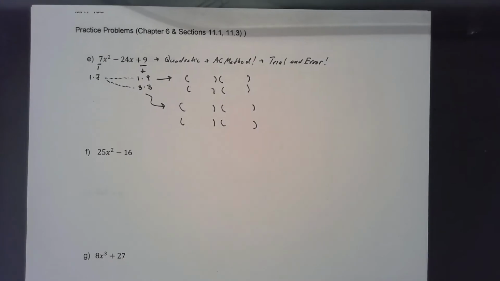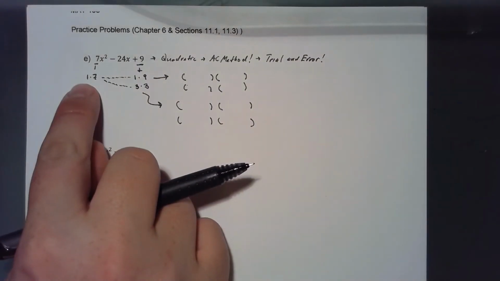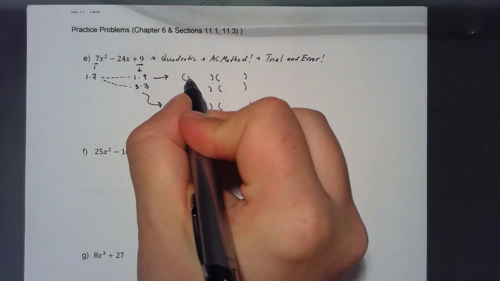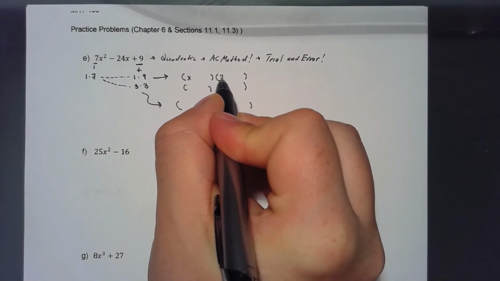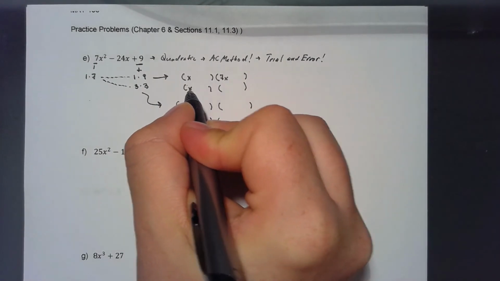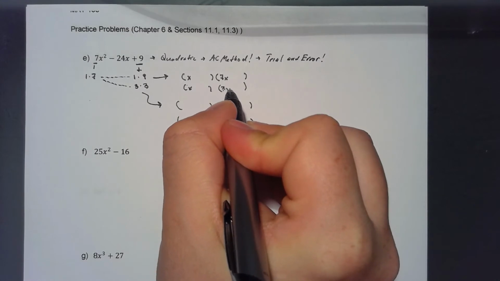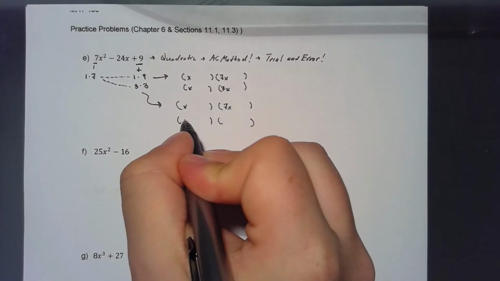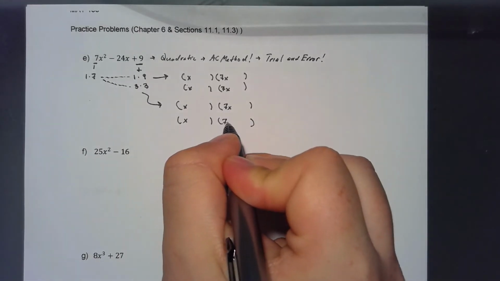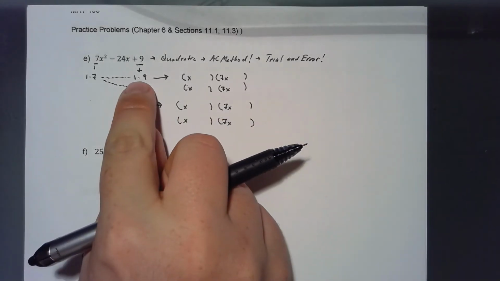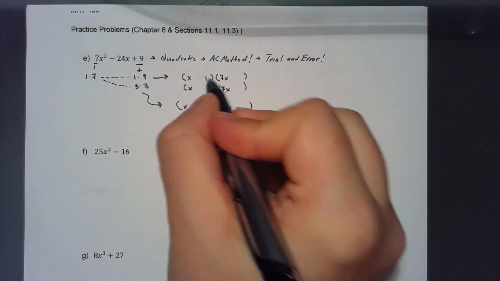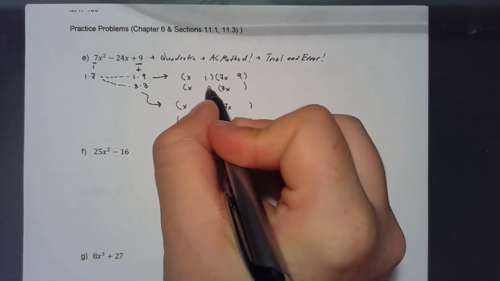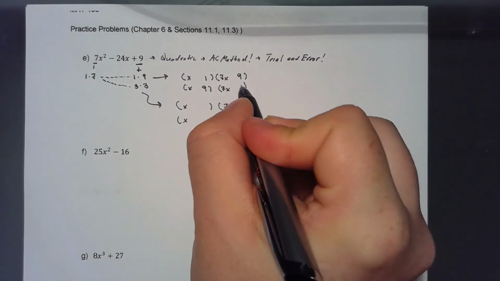So this one will be x and 7x. Then I have a 1 and a 9, but then I've got to flip it, a 9 and a 1.